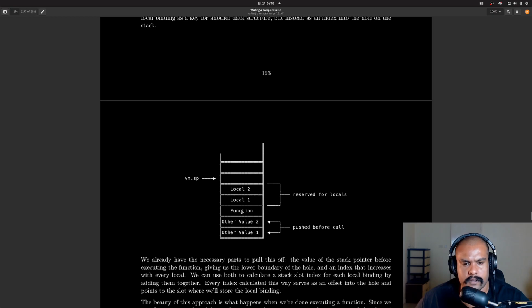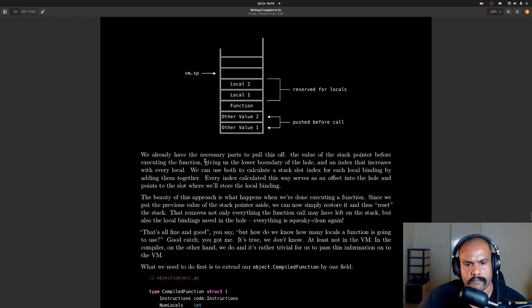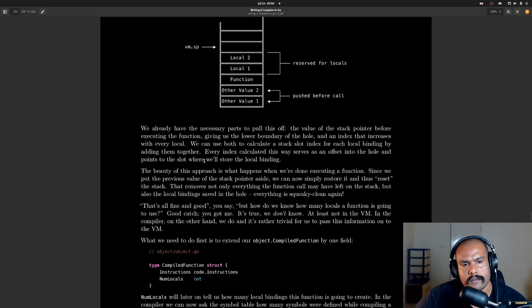This is the function itself, and these are interesting. We already have the necessary parts to pull this off. The value of the stack pointer before executing the function, giving us the lower boundary of the hole.